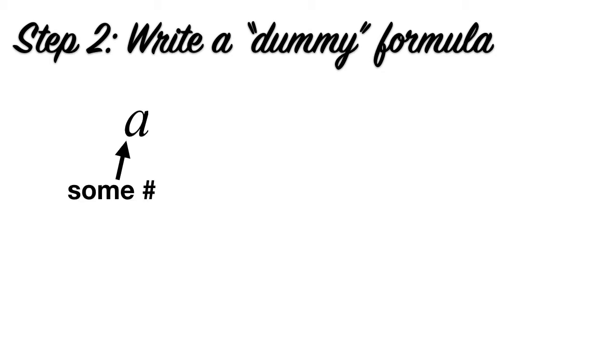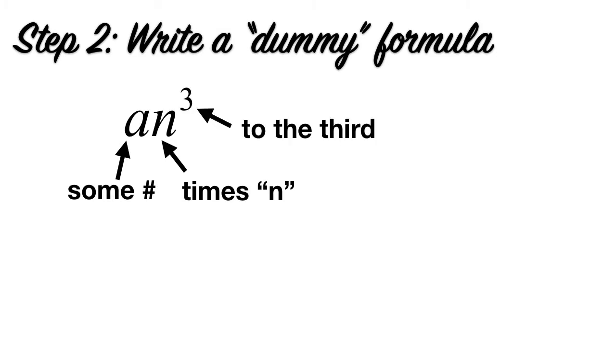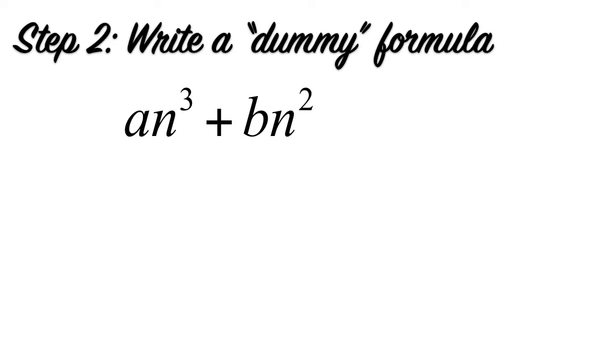So, we start with some number, we'll call it a, times n, raised to the third power. That's where that third degree comes in. And continue writing the dummy formula, plus some number times n squared, plus some number times n, plus some number.